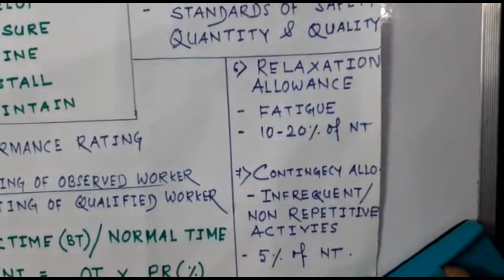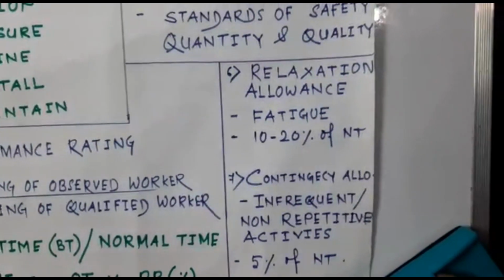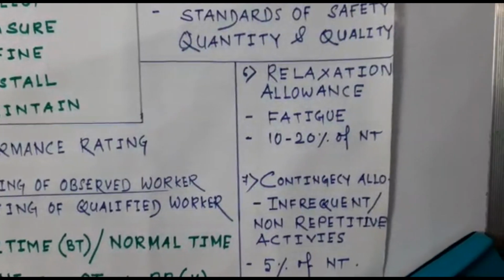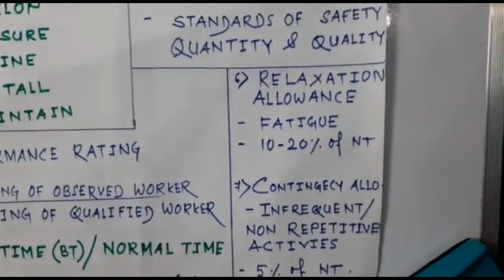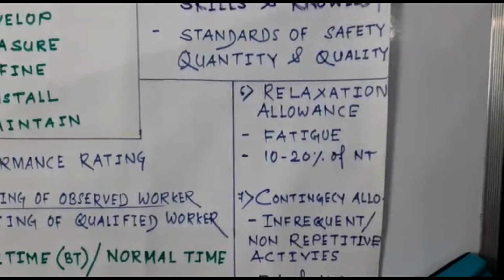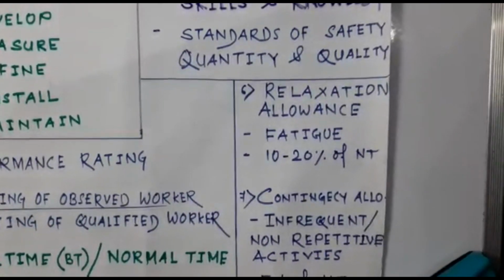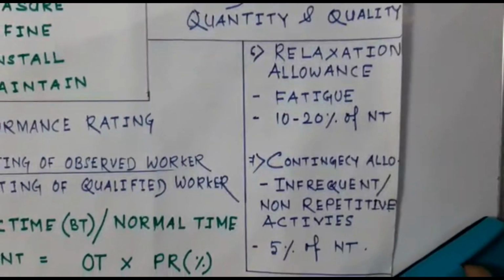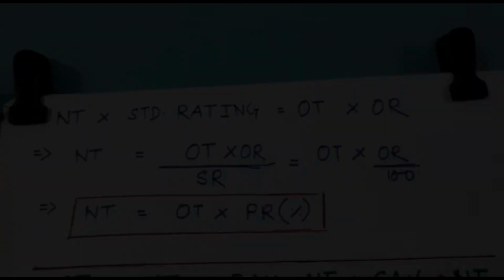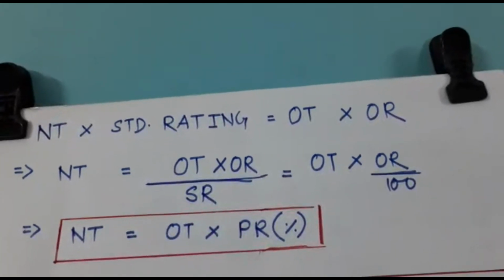Relaxation allowances are given to make the worker free from fatigue, and that includes time for nature calls, attending phone calls, and fatigue due to position, posture and concentration. Everything comes under relaxation allowance, whereas contingency allowance is given for infrequent or non-repetitive activities. Here, normal time into standard rating is observed time into observed rating.